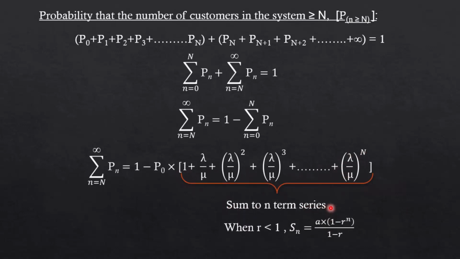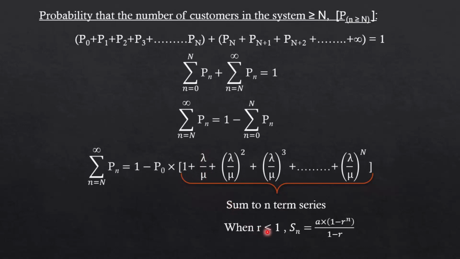Now let us see here the formula for sum to n term, and it is given when r, that is the common ratio, is less than 1. So we know that our service rate, or we can say mean service rate, is greater than mean arrival rate. So the value of lambda by mu will always be less than 1.